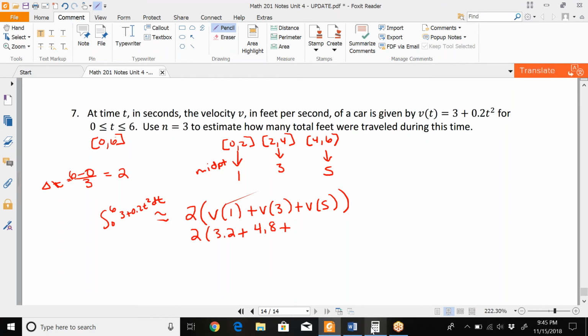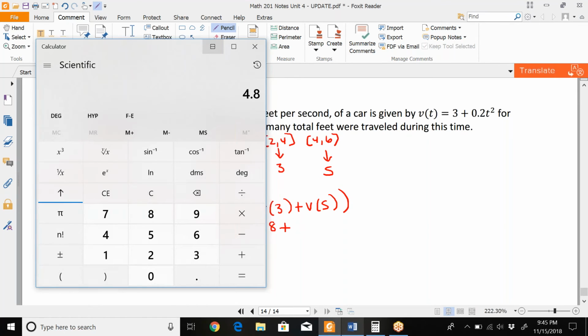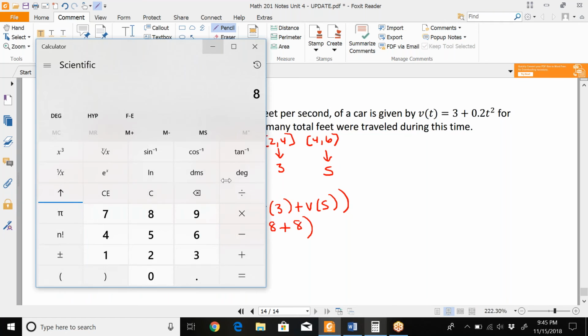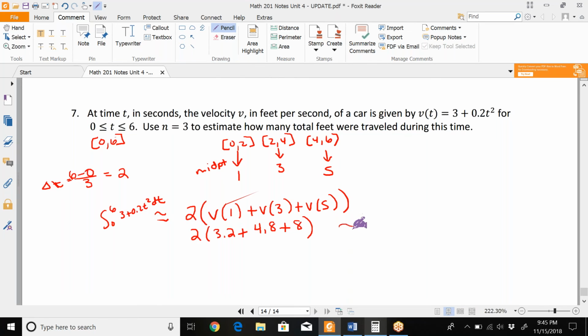And 5 squared is 25, times the 0.2 and plus the 3, so that's going to be positive 8. We add all those together and then multiply by the 2 that was the width of our rectangles. So 8 plus 4.8 plus 3.2, that's 16, times 2, and that gives me 32 feet.